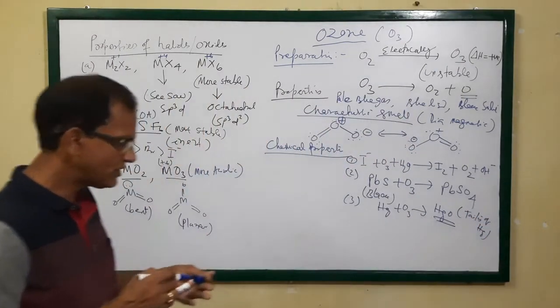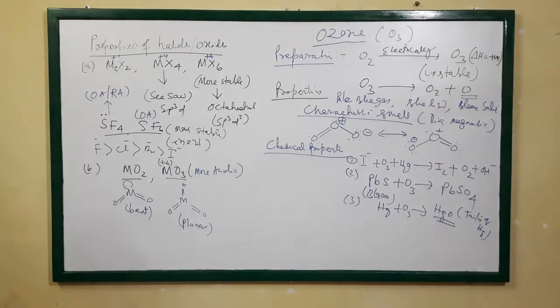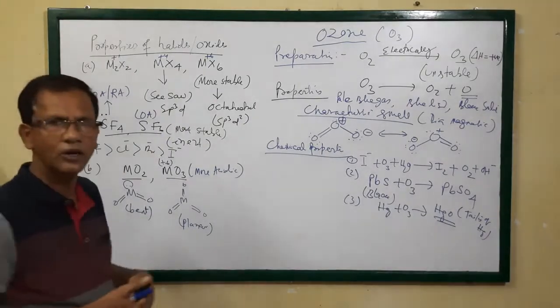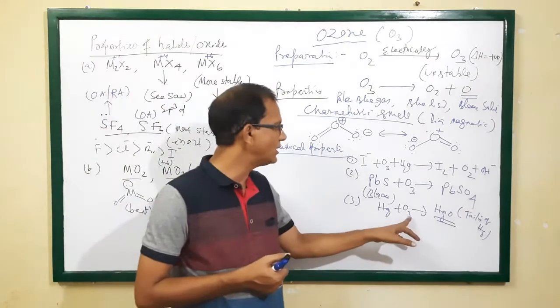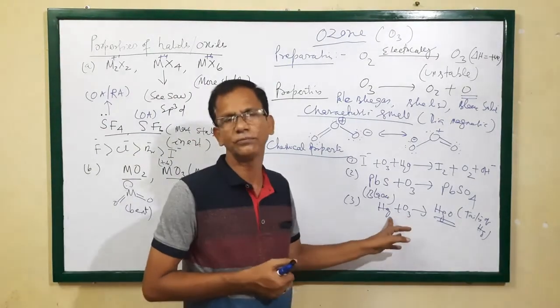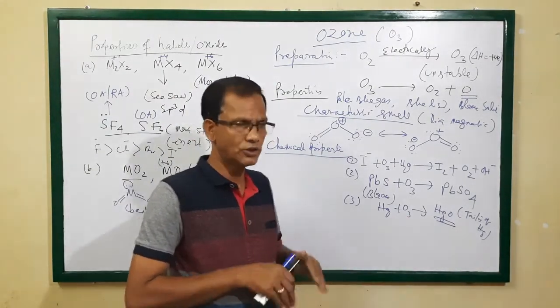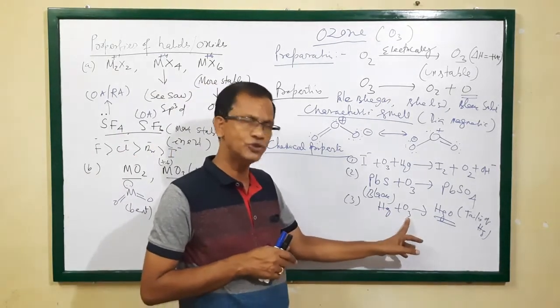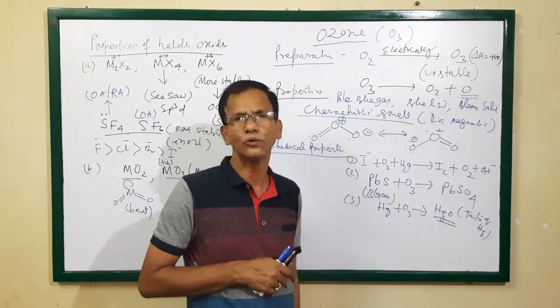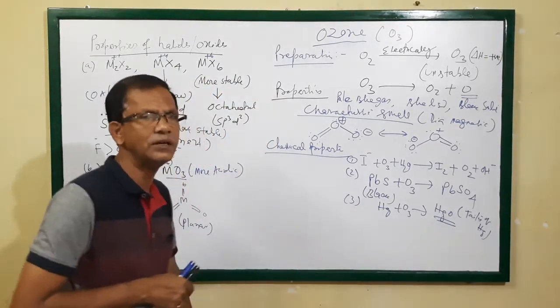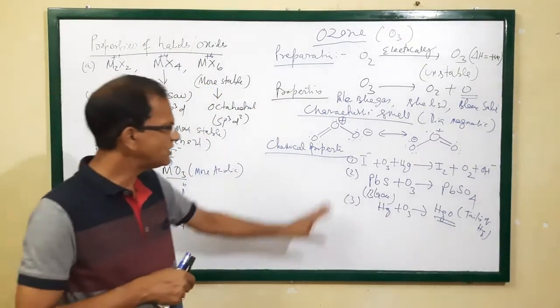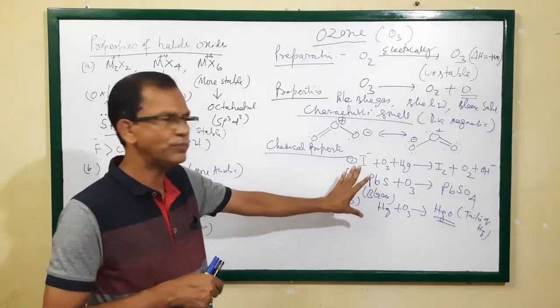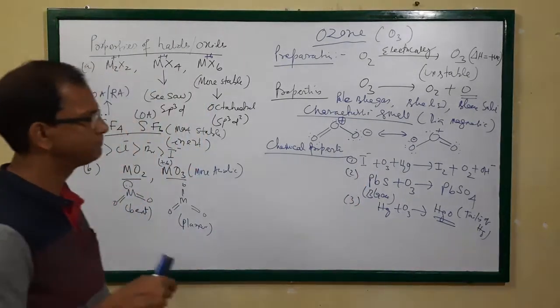Tailing of mercury means the convex shape of mercury will be disturbed when it comes in contact with ozone. That's why it is called tailing of mercury. So these are some important oxidizing properties of ozone.